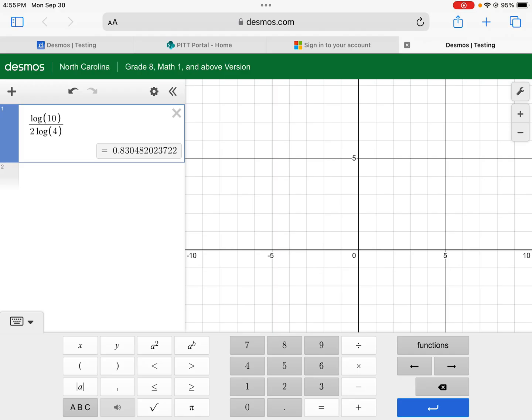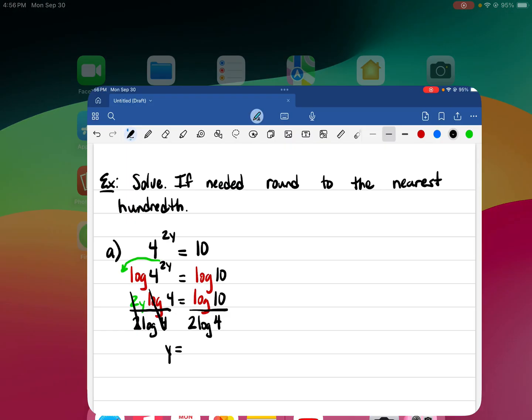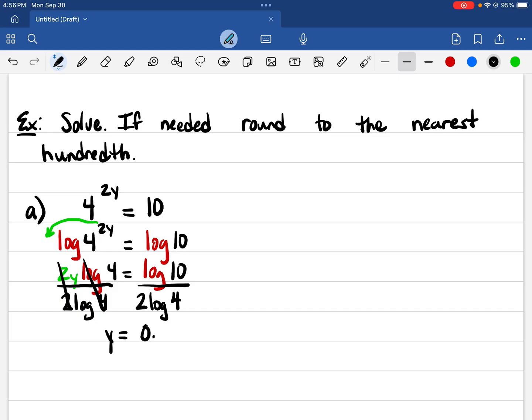All right, and again, we're going to round to the nearest hundredth here, so that would be 0.83. All right, so that was showing you by taking the log of both sides.